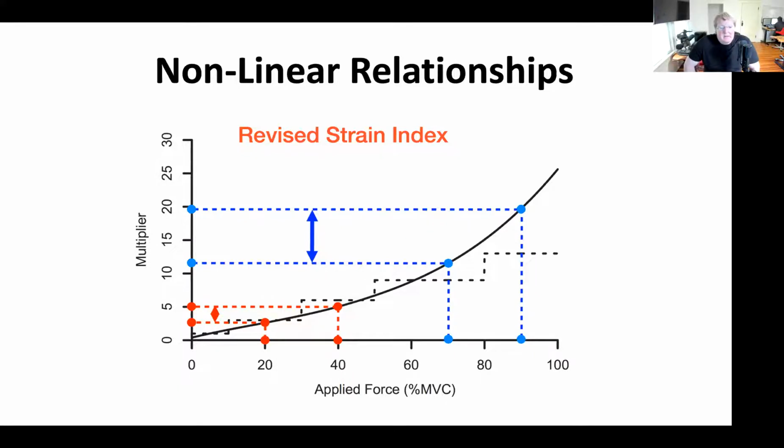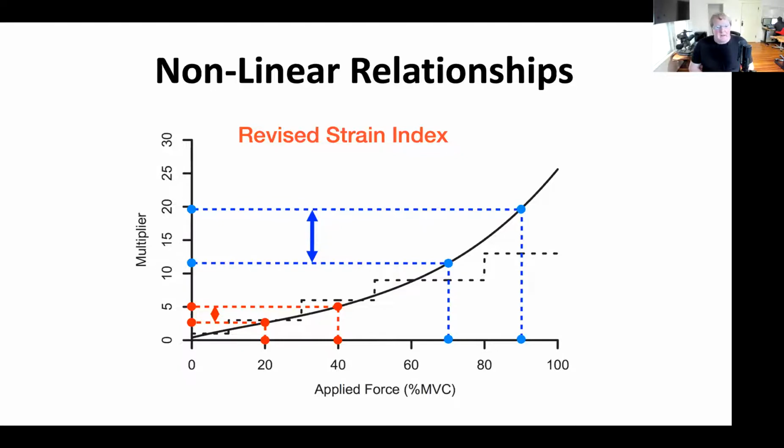So if you're on the left-hand side of the curve, it's not nearly as steep, and it doesn't impact your resultant metric as much as on the right. Generally, if we're looking at fatigue failure or tissue damage, the more extreme force values tend to have more of an impact than lower values do.